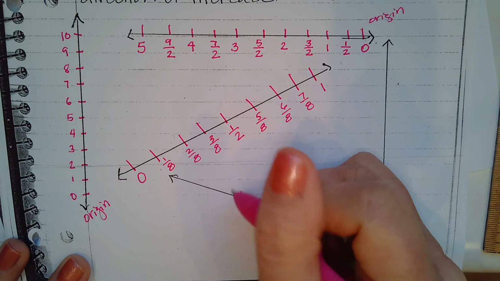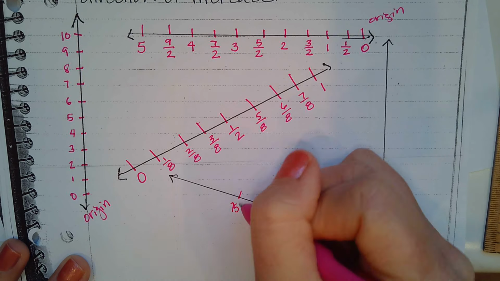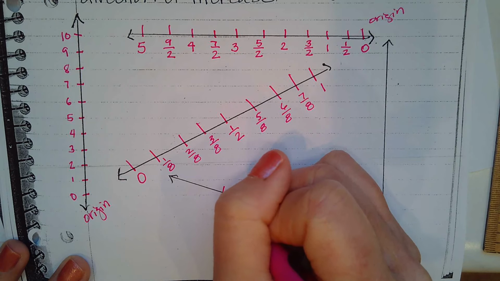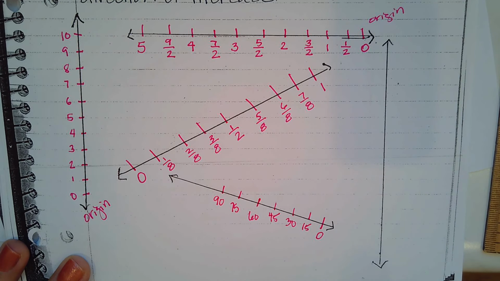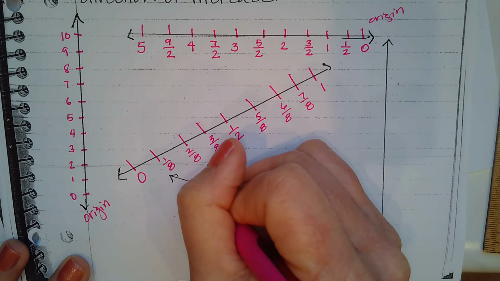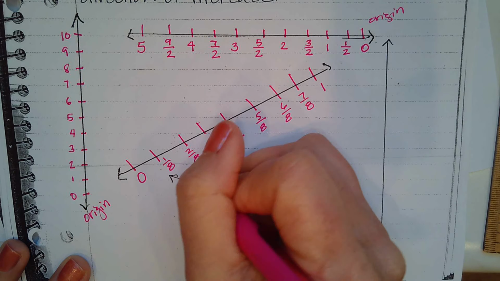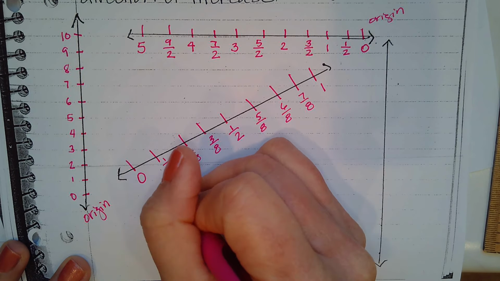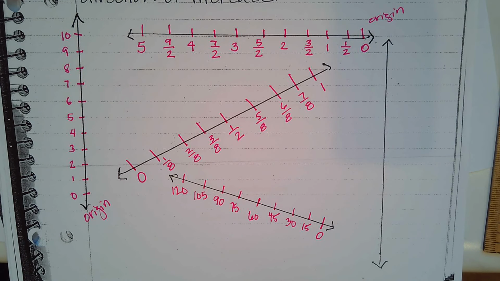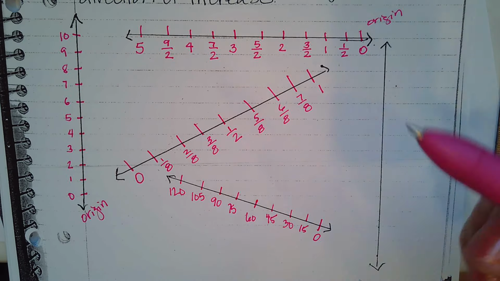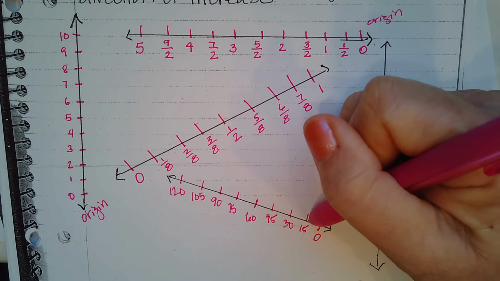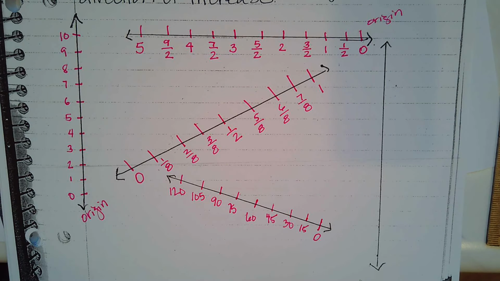What comes next? 75. What comes next? 90. What comes next? 105. And what comes next? 120. So notice our number lines can start wherever we decide that they're going to start, or how much distance is going to be between each tick mark.